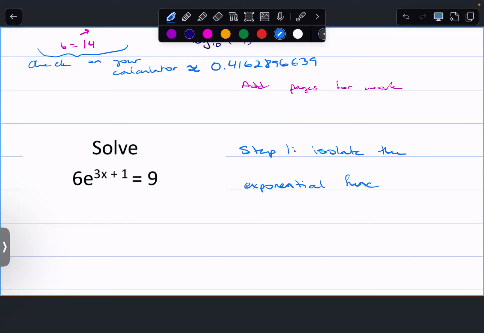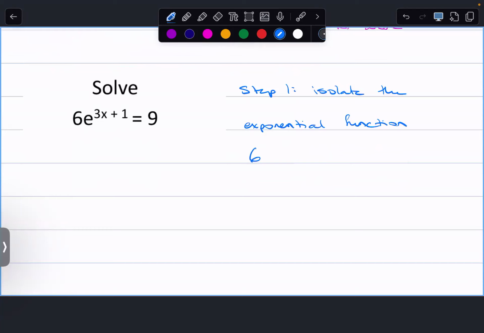Move everything that's not the exponential function over to the other side. So I get 6 times e to the 3x plus 1 is equal to 9. So e to the 3x plus 1 is 9 divided by 6.